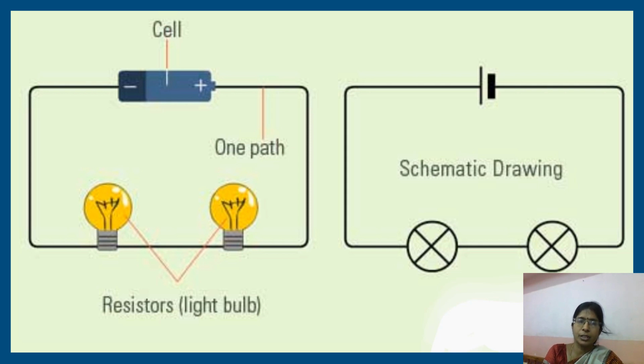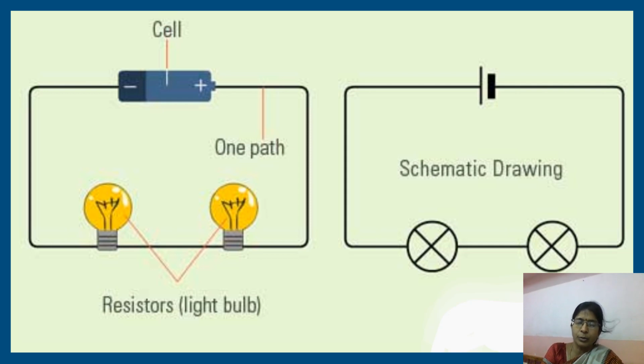So here in this circuit, cell, that is a source of current, and the resistors, that is two bulbs, are connected in series. So you can observe here that one bulb is connected to the other bulb, and this bulb is connected to one end of the battery, and the other end of the first bulb is connected to the negative terminal of the cell.